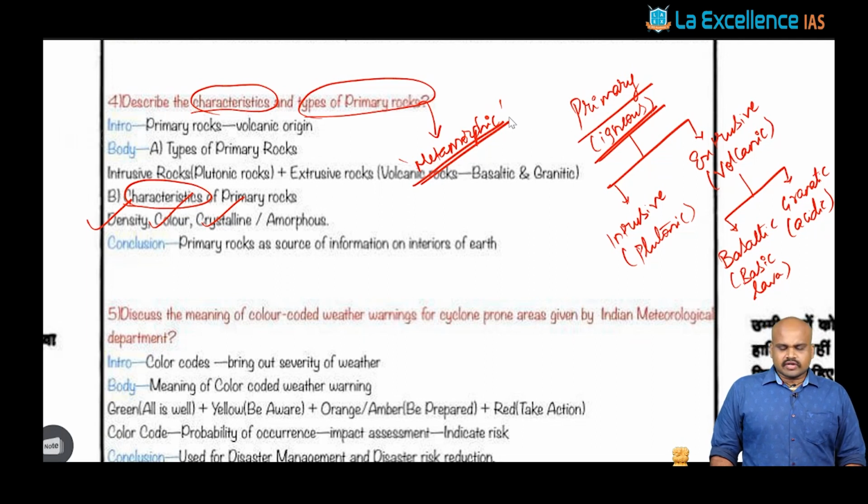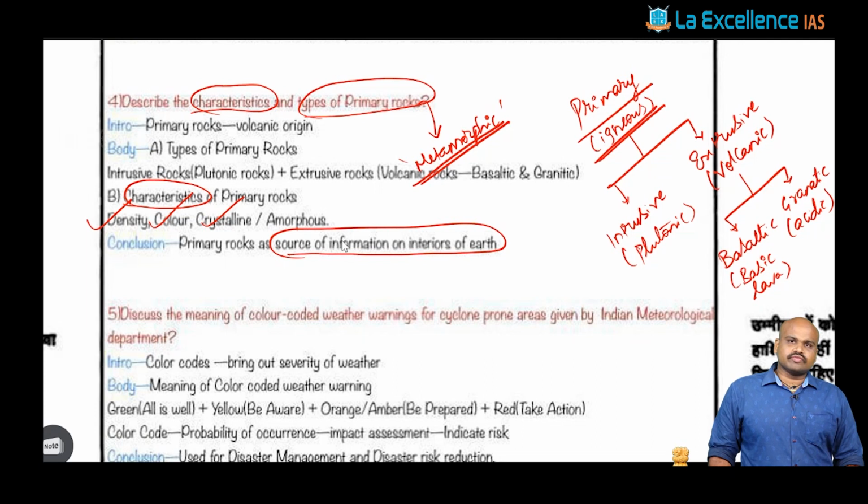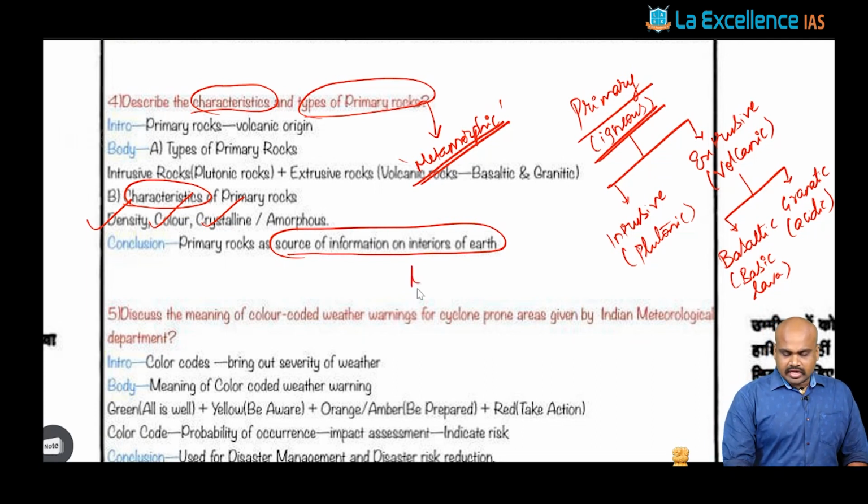Apart from that transition, we could have simply concluded this question by writing that these primary rocks are nothing but sources of information about the interiors of the earth. Because for any source of information with respect to the interiors of the earth, there are 2 fundamental things: one is the direct source, the other is the indirect source.